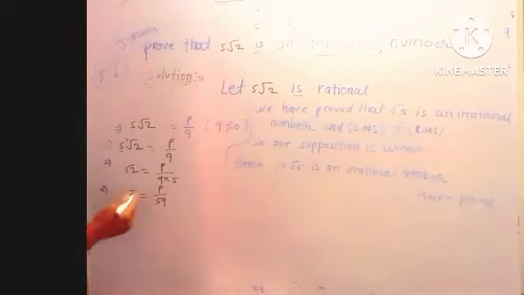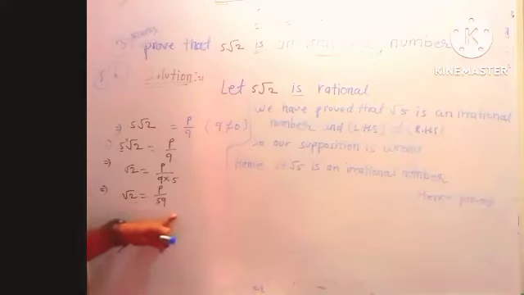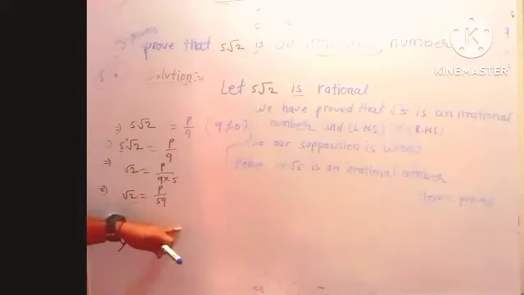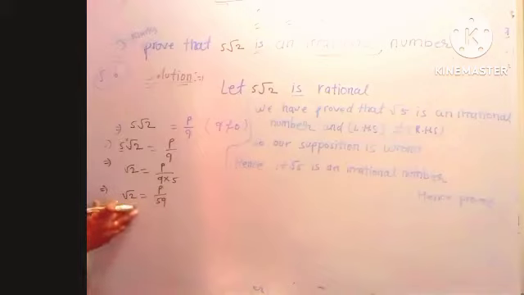Again, just see here, the same drama. Root 2 is what? An irrational number. We have already proved that root 2 is an irrational number. And what about this? Numerator, denominator, so this one is a rational number. So again, just see, left hand side and right hand side are equal. No, sir. Left hand side is what?